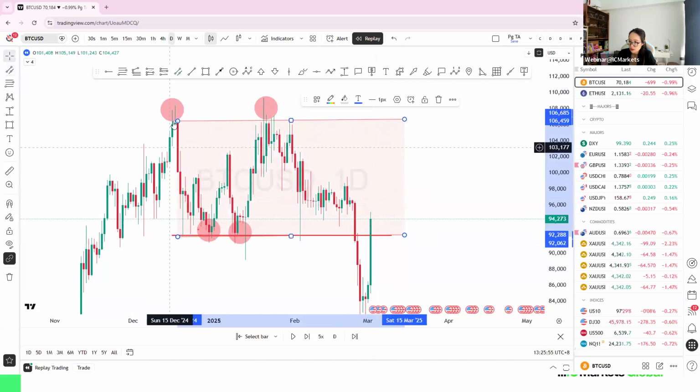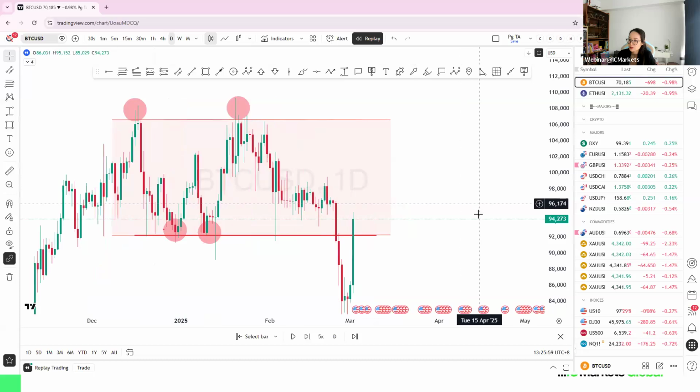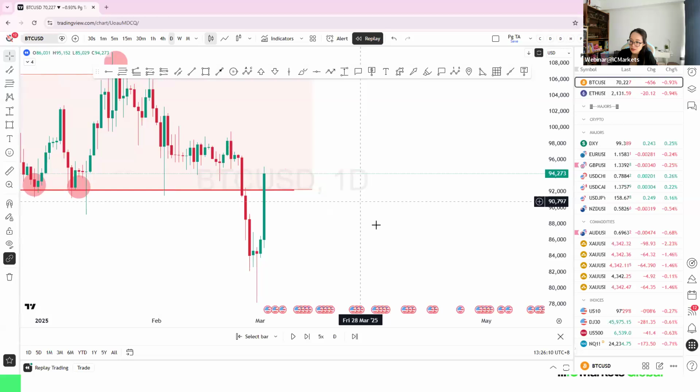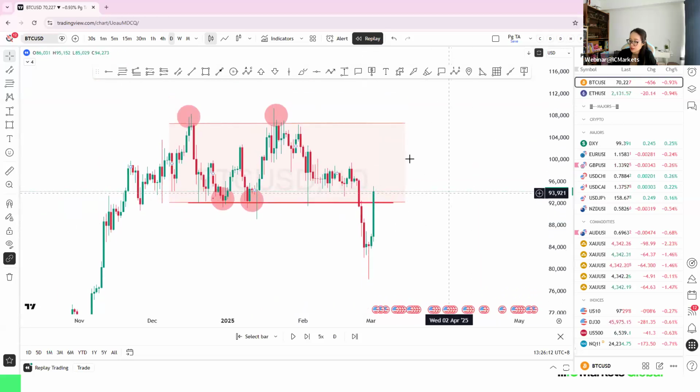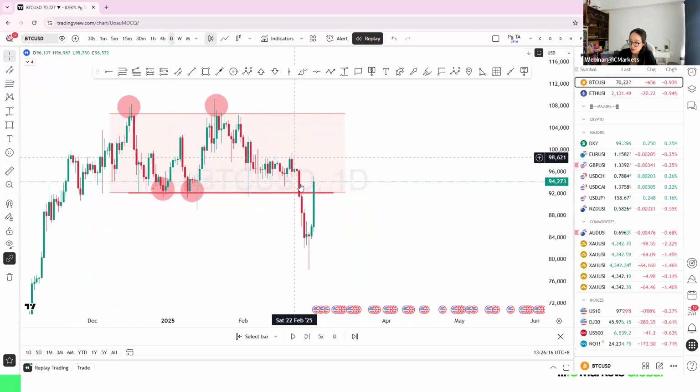So what you need to do is buy at the lower, sell at the upper, with the stop loss above the box, above the range. But whenever you see a ranging market and this is already the resistance, you can wait for the breakout. This is already the breakout. Then you wait for the pullback.